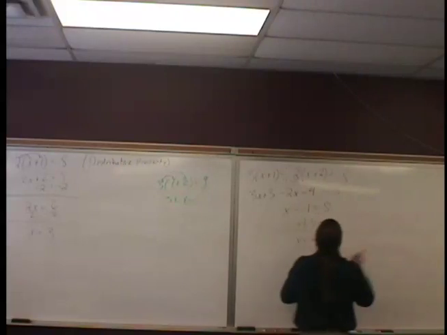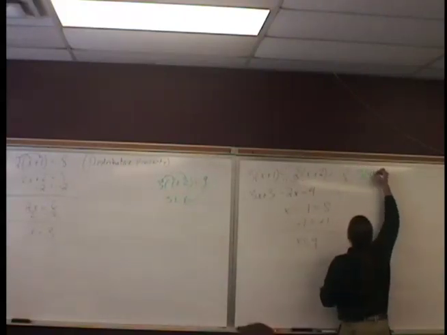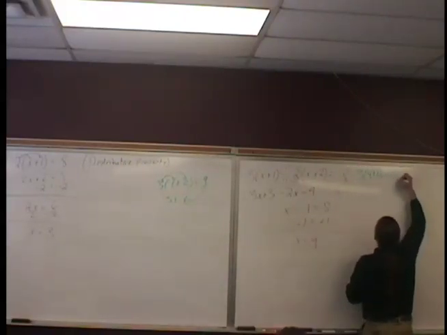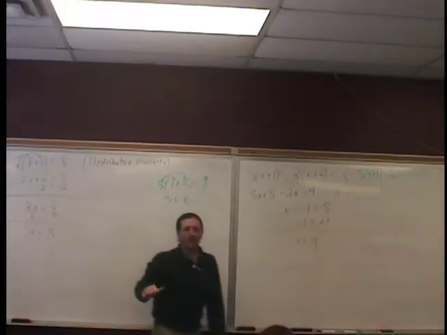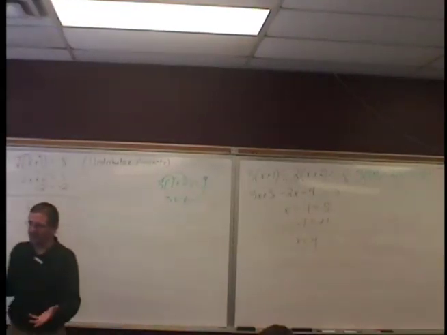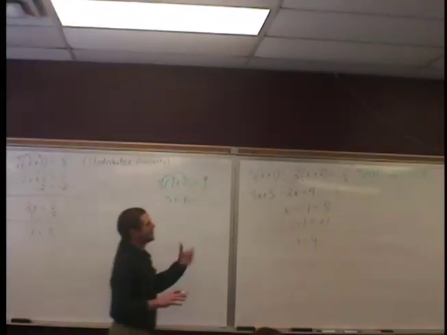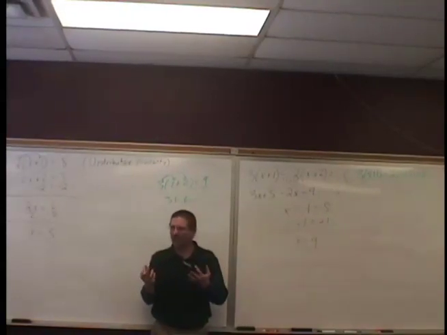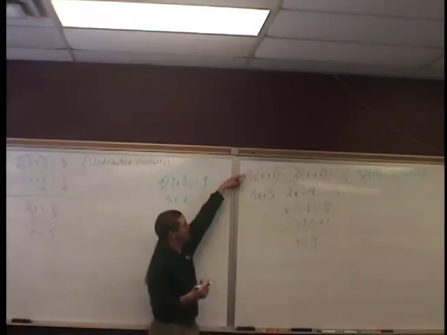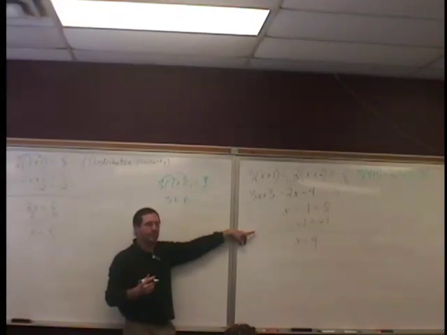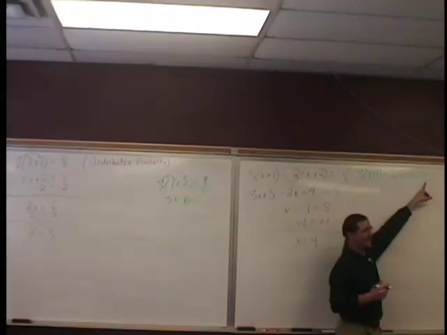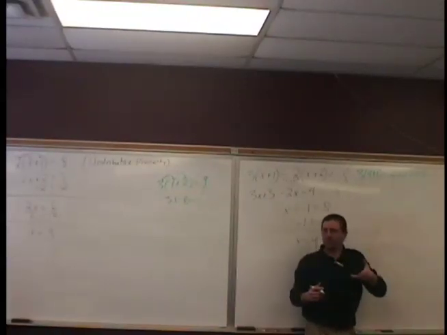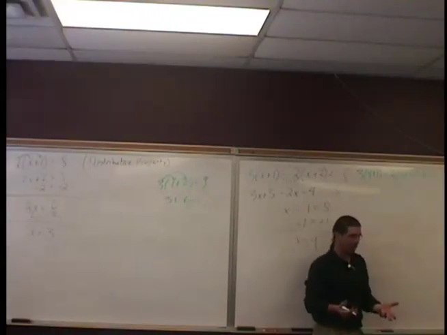So, 3 times 9 plus 1 minus 2 times 9 plus 2 equals 8. One of the other reasons why I like to ask you to check it is that it keeps your brain versatile. When you are solving, you undo distribution first, right? Or you do your distribution. When you are evaluating, remember this is just do stuff in the parentheses first, then do your multiplication and division, then do your addition and subtraction, right?